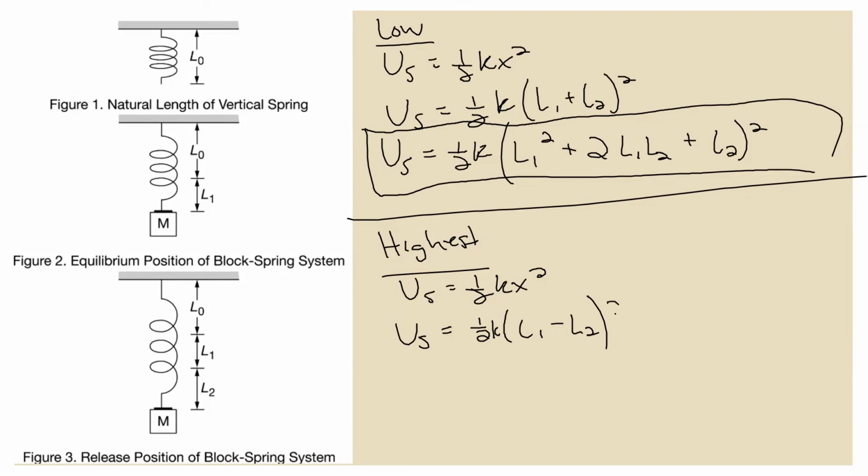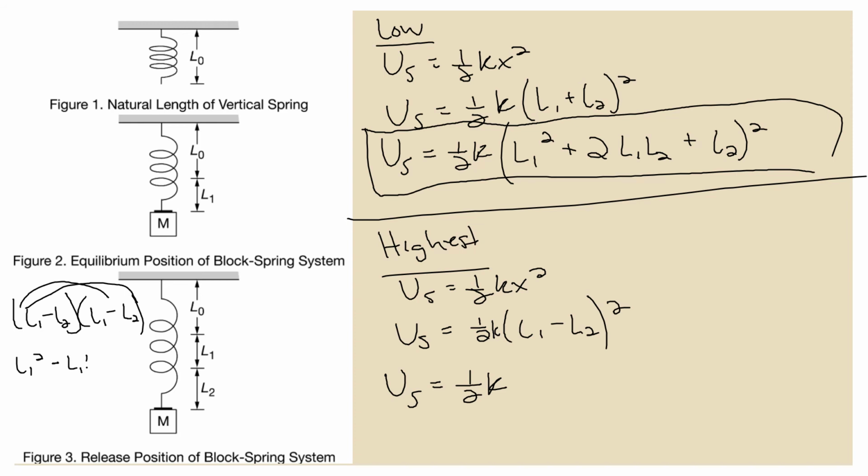So once we square that, now we're going to have US equals 1/2 k. And I'm going to show this part just in case it's going to confuse anybody, because the whole point of this video is for you to not be confused about this anymore. And so we have L1 minus L2 times L1 minus L2. So we go first, and that gives us L1 squared, L1 times L1. Then we go outer, so that's going to be minus L1 L2.